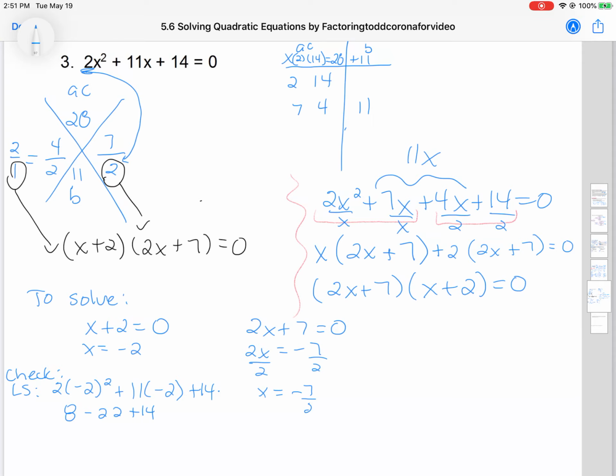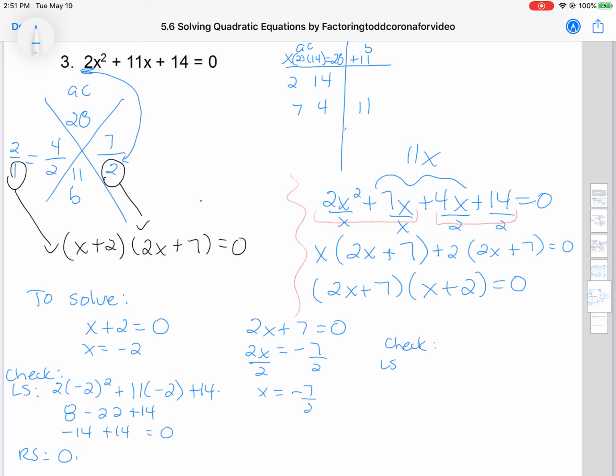So 11 times negative 2 is negative 22 plus 14. So then 8 and negative 22 make negative 14 plus 14 is 0. Okay, so we're good. And then I'll check this one over here.